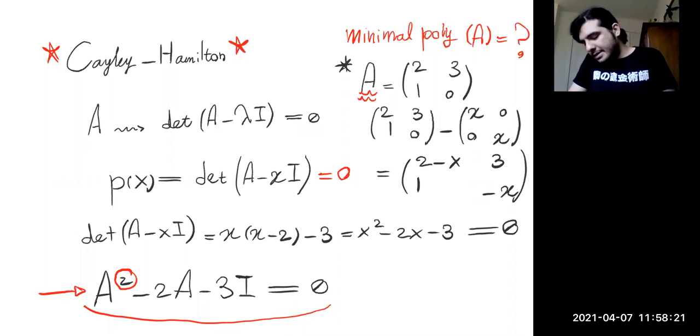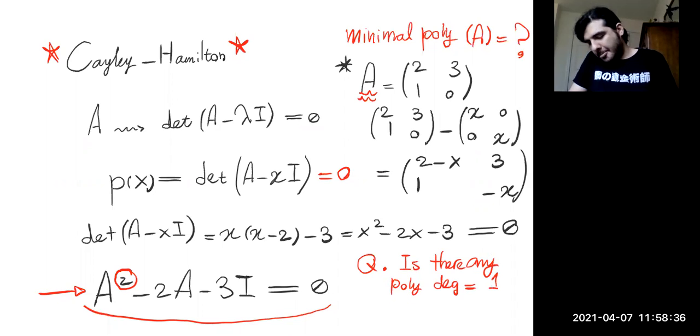So question, is there any polynomial with degree 1 which A is the root of? Like, let's show it with m of x, such that m of A is equal to 0.